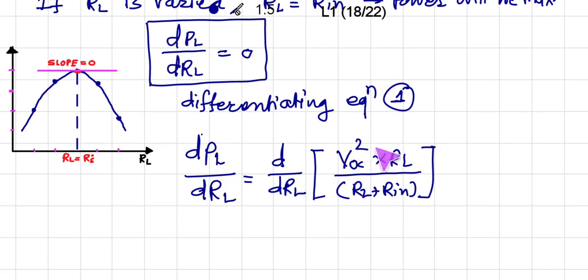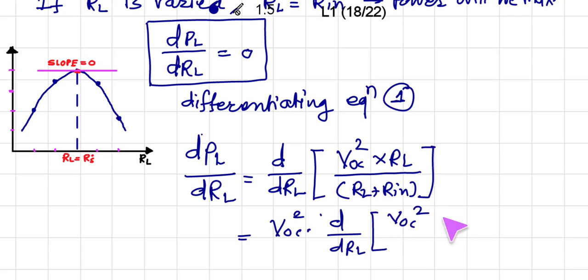We know that VOC is a constant, so we can write VOC square into the derivative of RL divided by (RL plus Rin) square.